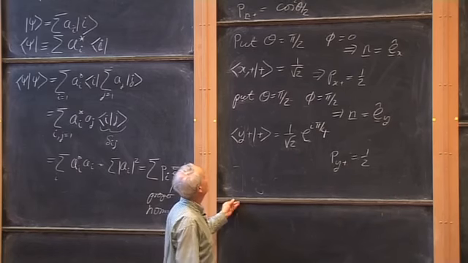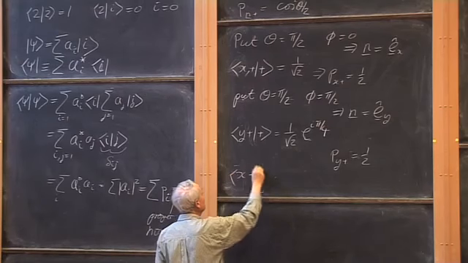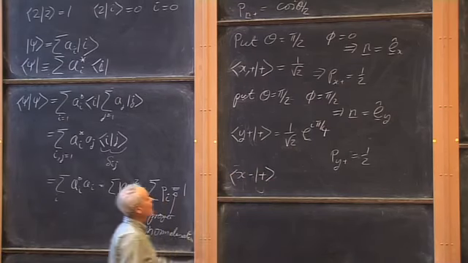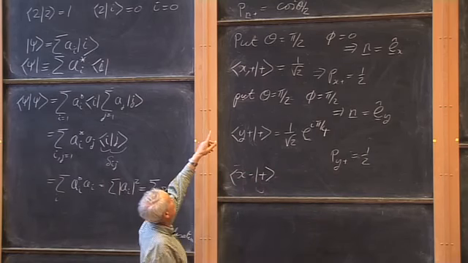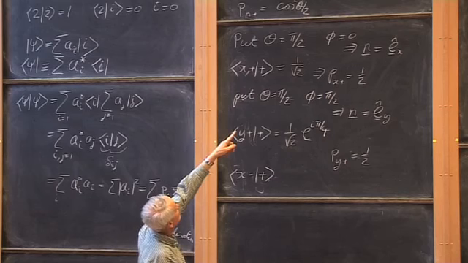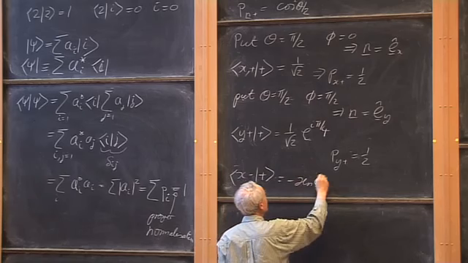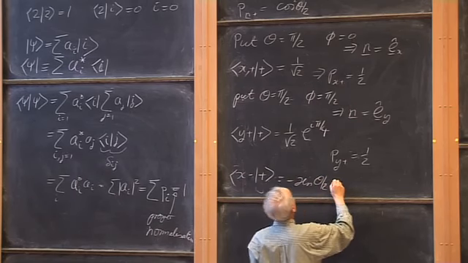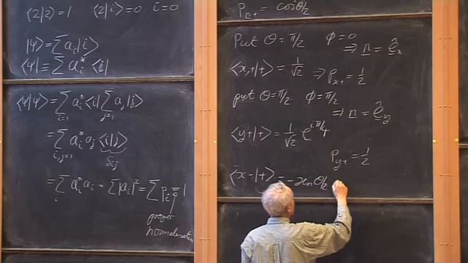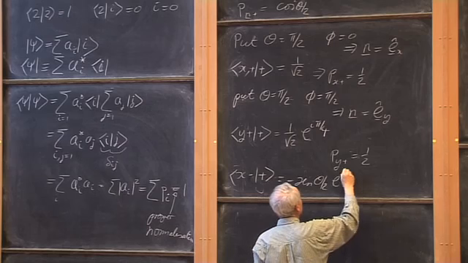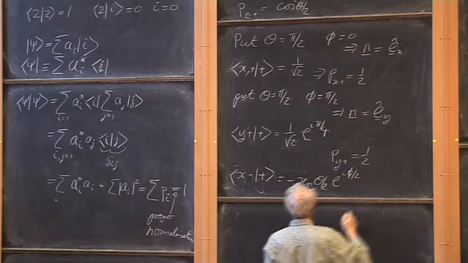If we calculate the corresponding negative amplitudes, let's calculate x minus. Let's find the amplitude that it's pointing minus on x. So then we have to take that n minus thing and bang it into plus, and what survives is the minus sine theta over 2, well, strictly speaking, e to the i phi over 2. That's it.